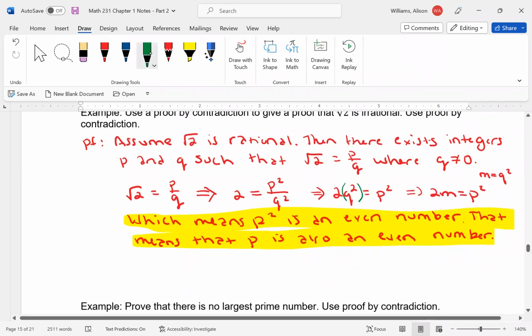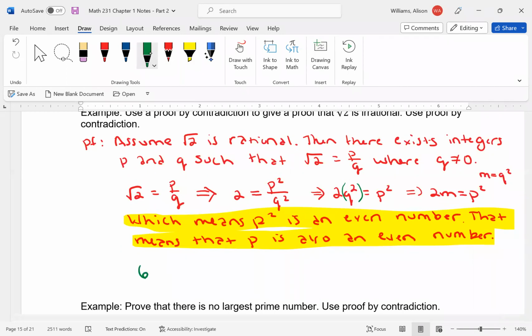All right. So if I have an even number like 6 and I square it, well, 6 is 2 times 3. So if I square 2 times 3, I get 4 times 9. But what I'm really getting is 2 times 3 times 2 times 3. So this is clearly divisible by 2 because there's a factor of 2 here. So this is even. Duh. All right.